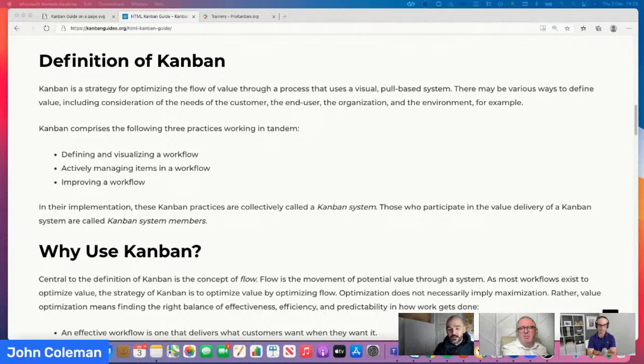That kind of active management of items is all around creating that definition of focus, and really trying to hone in on that flow of value, and try to draw the team together, back.